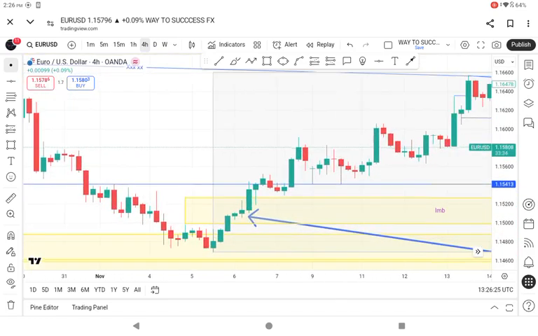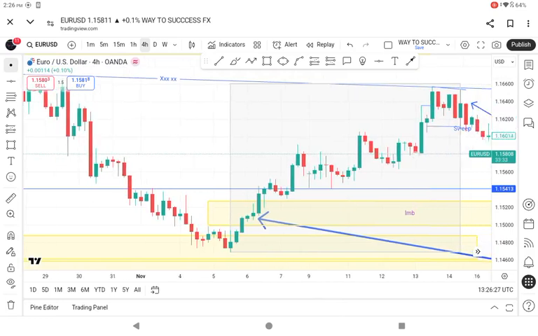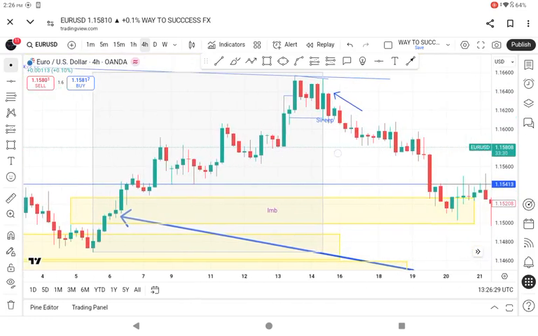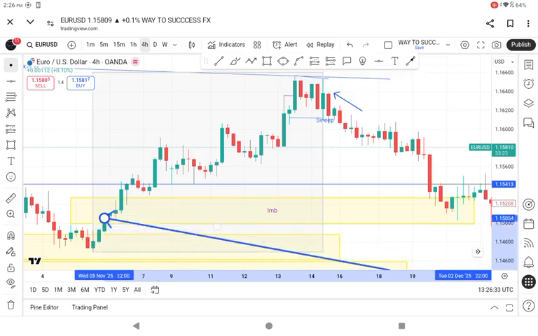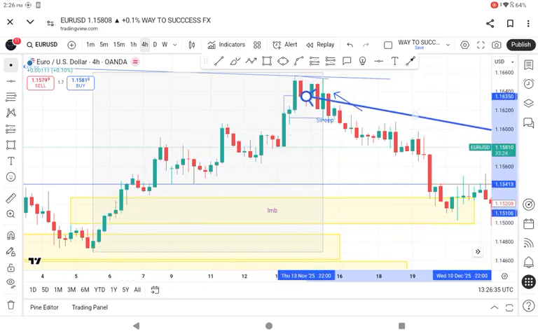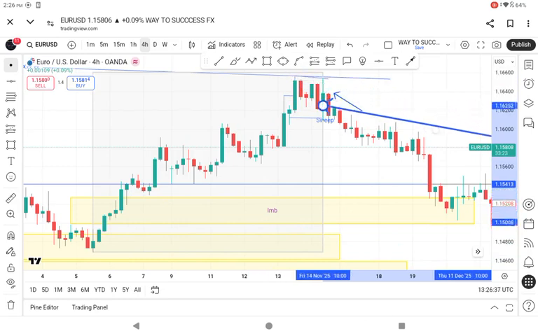So the entire liquidity has been taken out, and after that we started seeing price pushing to the upside, and finally price started returning.